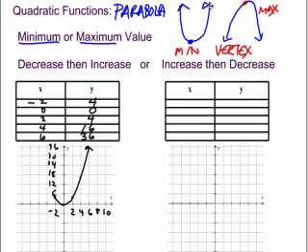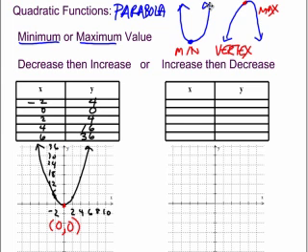And actually, if we were to look on this other side, it would come down from the left and up on the right. This is called a parabola. And in this case, that parabola minimum happens to be at the origin 0, 0. So that's going to describe data that falls at first, followed by an increase.